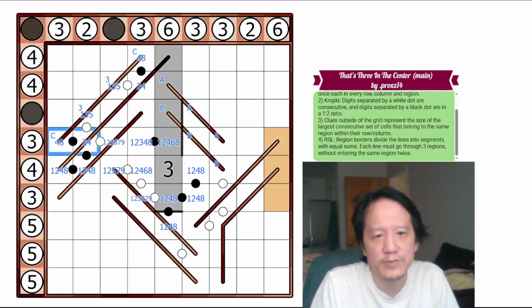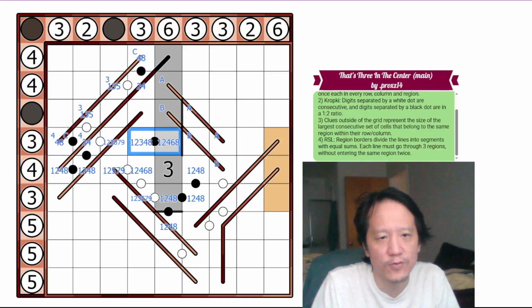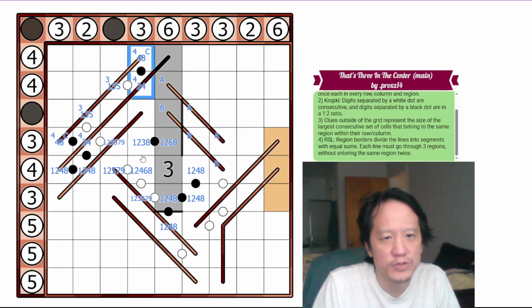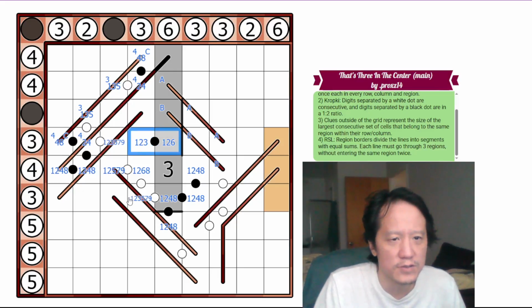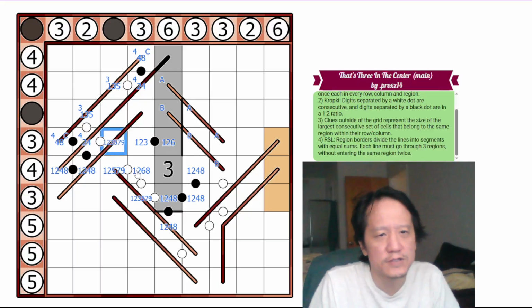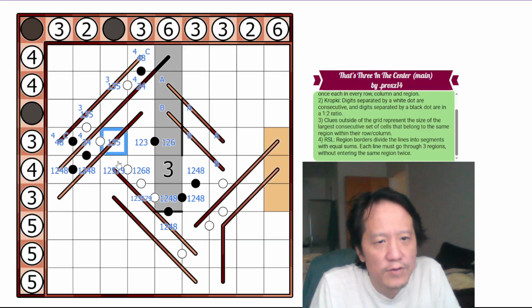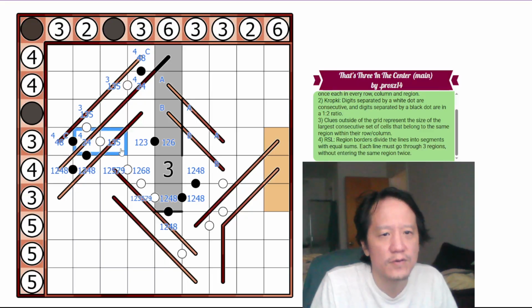So 4 has to be one of these digits, which means this cannot be 4 here. So this cannot be 4. This cannot be 8. It's either 1, 2, or it's 3, 6 here. 2 and 4 is only consecutive with 1, 3, or 5.